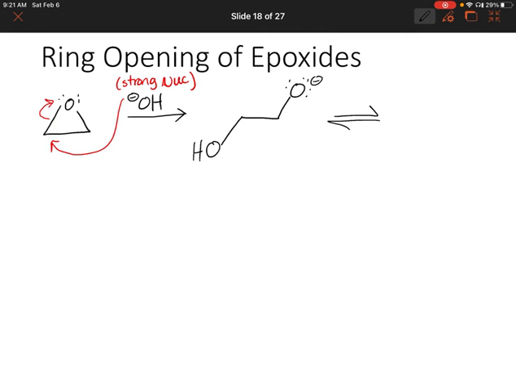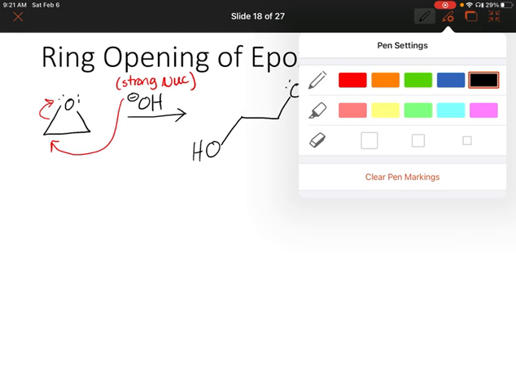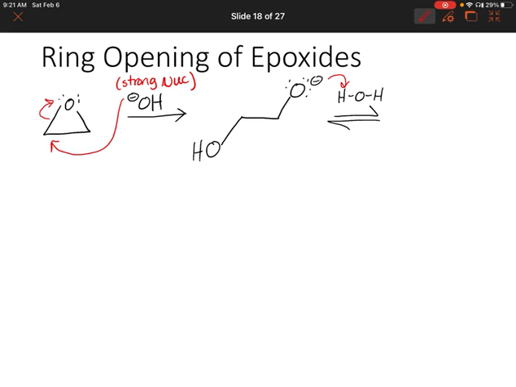In the next step, we're going to use water to protonate the negatively charged oxygen. Okay, now this would be considered under basic conditions.